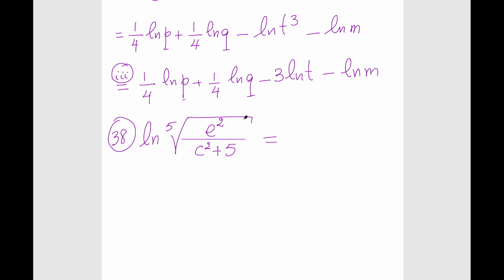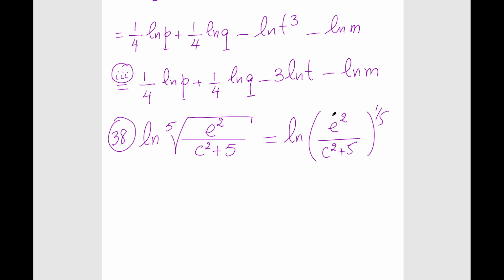This is the same as ln of e squared divided by c squared plus 5, to the power 1 over 5. What is the last operation taking place before ln? It's the 1 over 5 power.